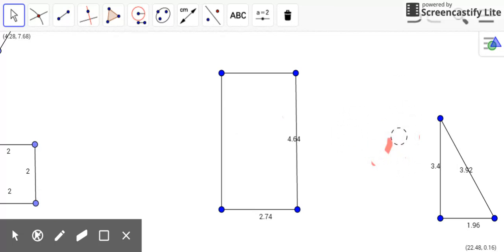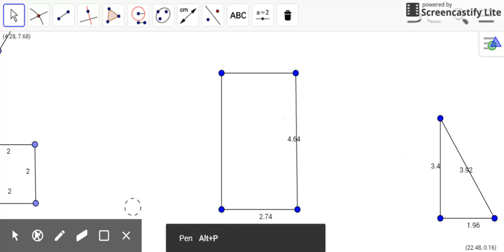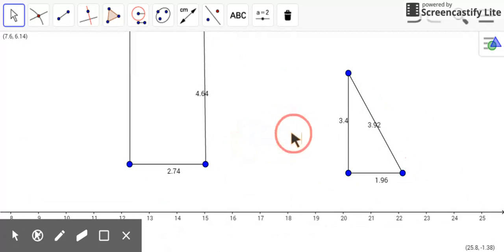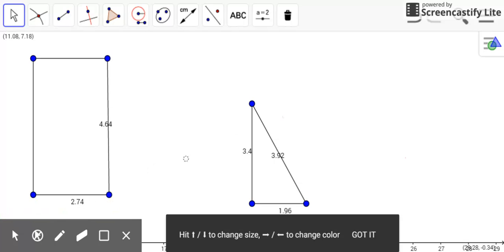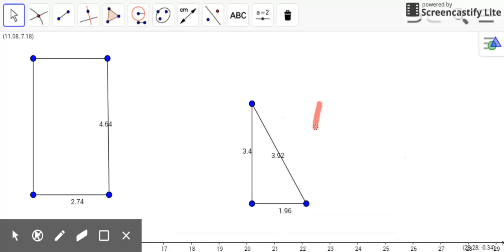Even though the triangle is not a quadrilateral, I'll just show you how to calculate the area of that. This is for a right triangle. It's almost the same as for a regular quadrilateral, except you multiply it by half, because a triangle is a half. So it would be A equals base times height times 1/2.